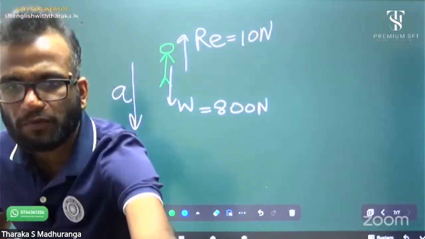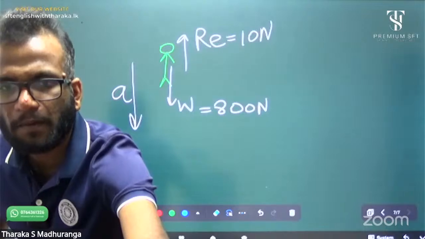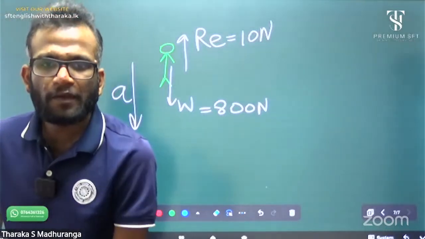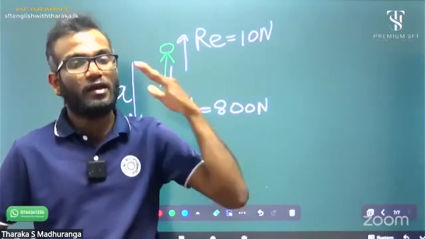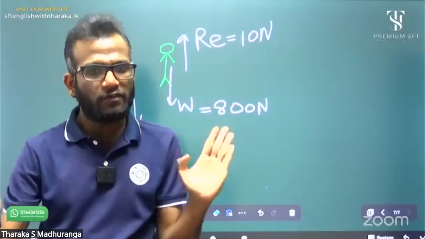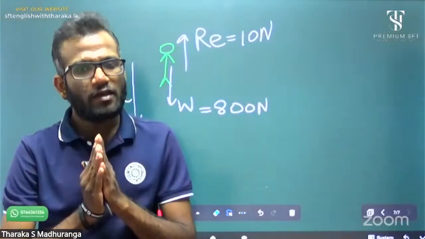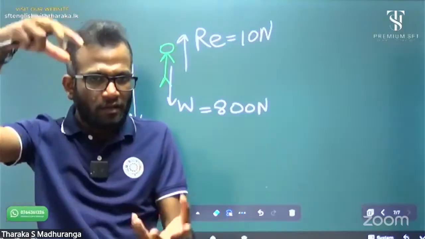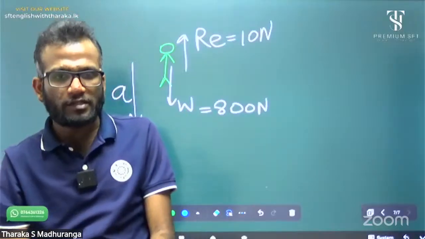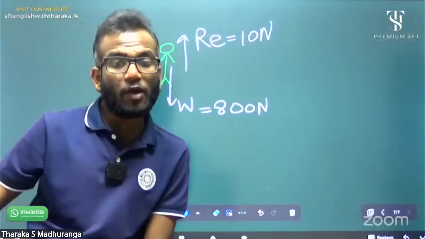What's the requirement for uniform motion of this person? Yes, air resistance. If we can make this air resistance approximately equal to the weight, now he can fall down with uniform velocity. Okay, practically how can we do it?